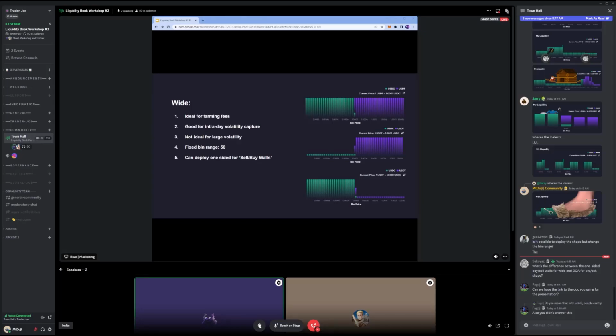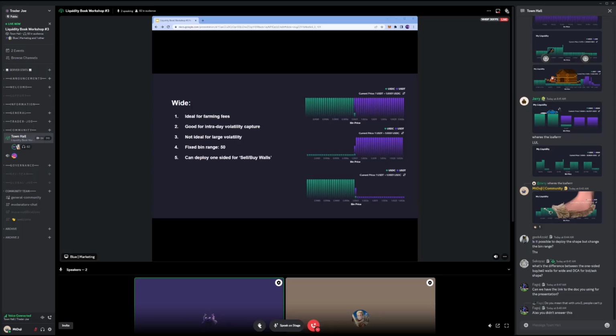Let me look at some questions. Do you mean that with Uni v3, people can't provide liquidity at the same price point? Yes, every liquidity provider using Uni v3 or a continuous flow AMM can provide liquidity on the same price points. It just means that as a liquidity provider, you take a unique position, and that unique position is marked by a non-fungible token receipt.